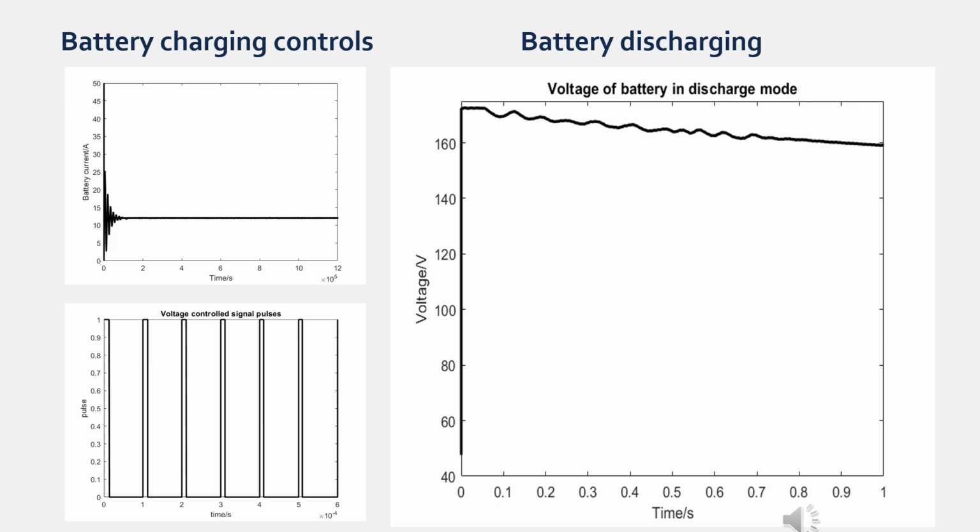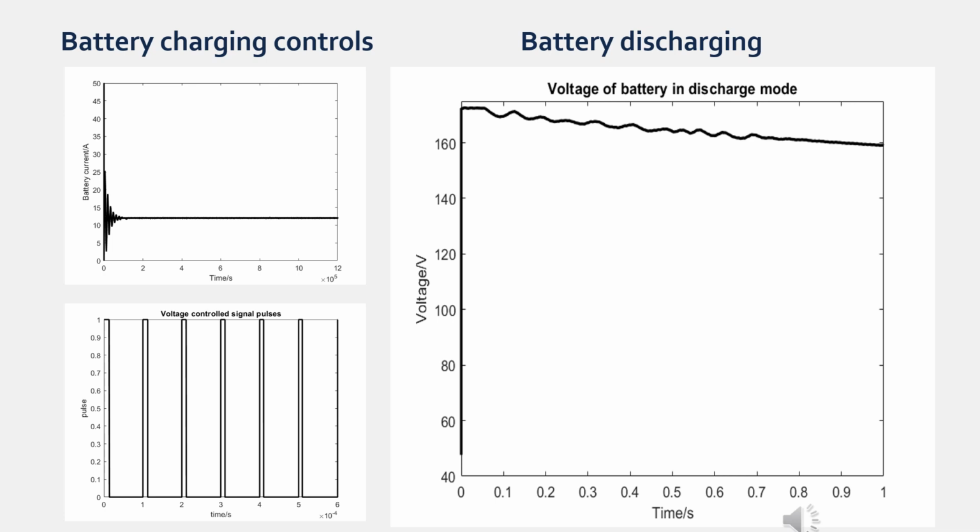Our system was able to regulate the PWM signals to make sure that the output current is always 12 amps. And then below that graph is the control signal for the battery charging.